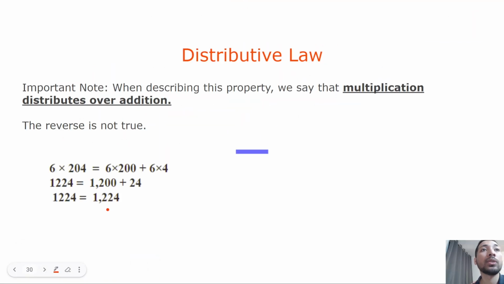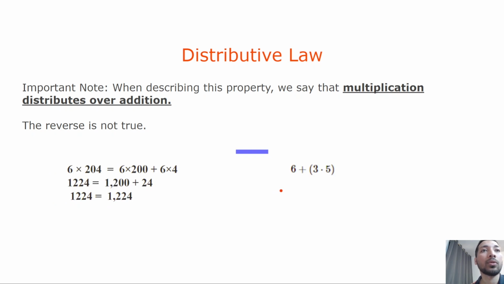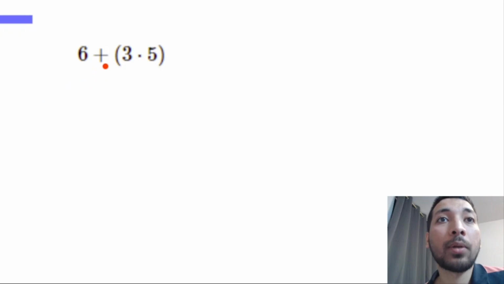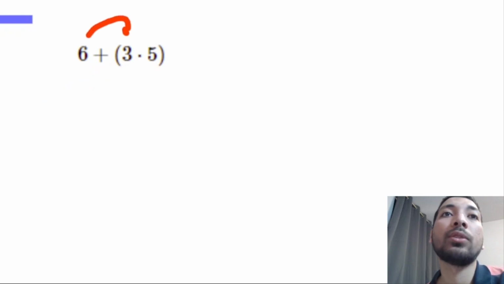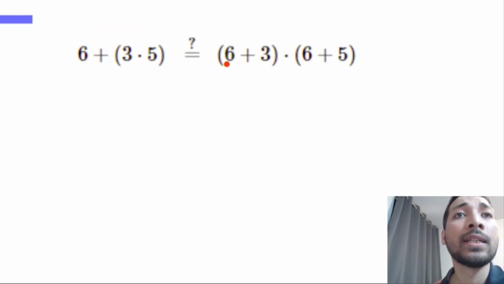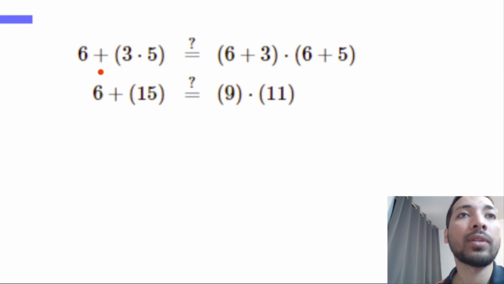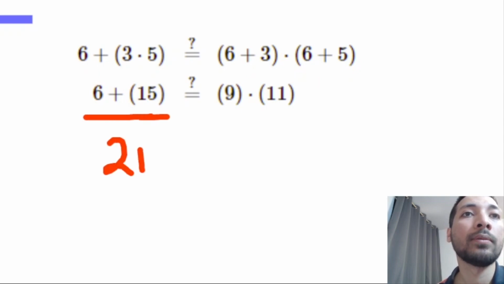But if you want to distribute the addition over multiplication, let's see what happens. Let's say we have 6 plus 3 times 5 and we want to distribute this 6 with 3 and 6 with 5. So we get 6 plus 3 times 6 plus 5. Let's see what happens. 6 plus 3 times 5 is 6 plus 15, which gives you 21.